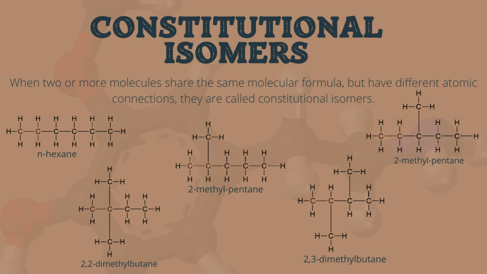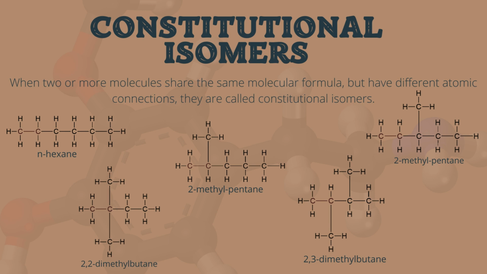Now, if you look at all these compounds here, they have 6 carbon atoms, but their structures are different. And therefore, now, based on where we find the branch, then the names will be different.